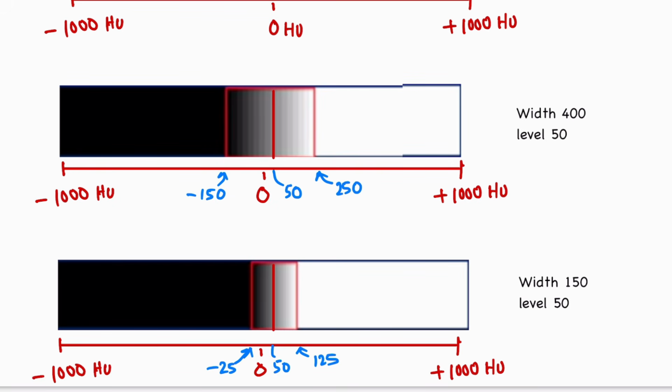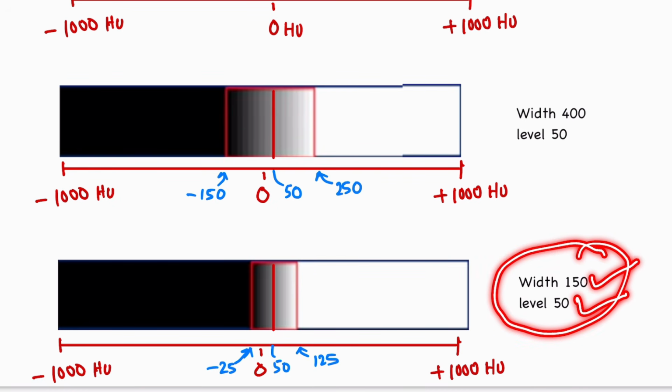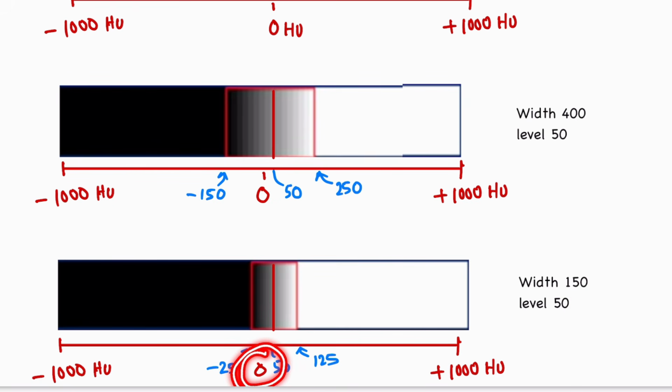Now let me recall my question. In the first, I said, how will fluid look in a CT scan? So it all depends on which level and which width you are at. Free fluid is always at 0.